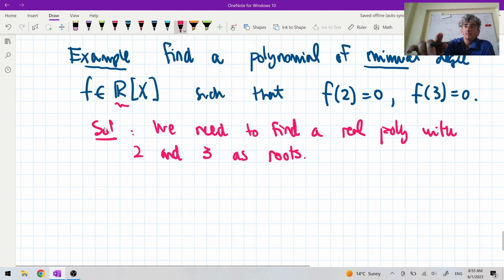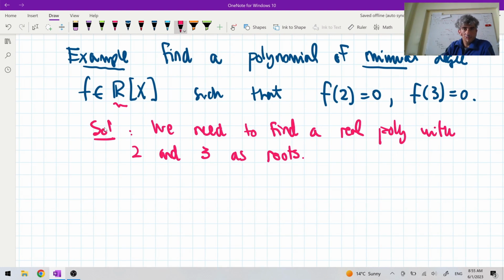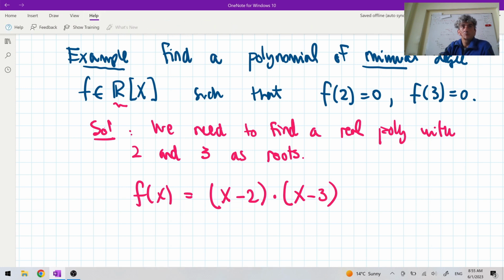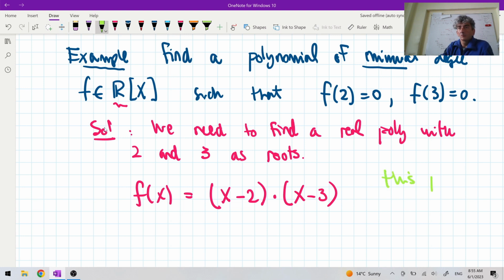Okay, so first of all, this is kind of easy because we can actually define f(x) = (x minus 2) times (x minus 3). So this polynomial satisfies what is asked. This polynomial works.